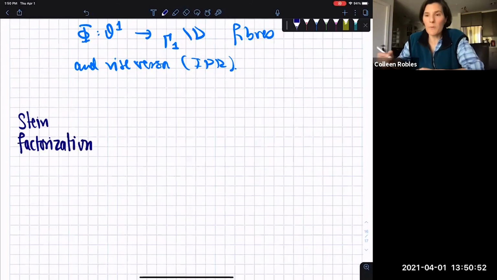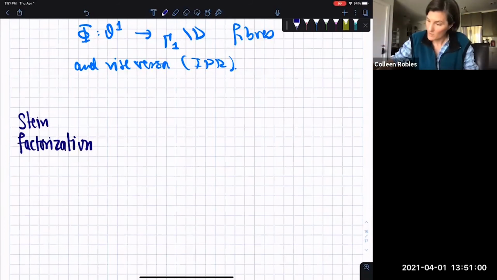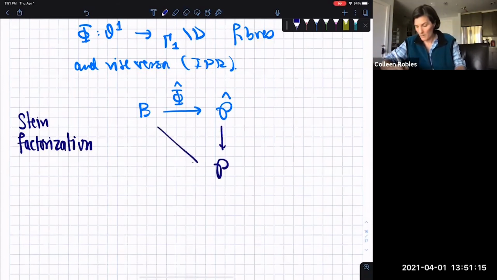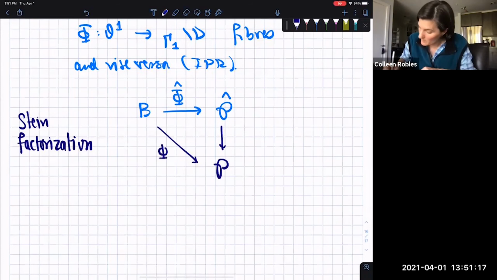I need to work with a period map that has connected fibers because of this whole up to constants of integration business that I've been discussing. So we are going to take the Stein factorization of the period map, which I can assume without loss of generality is proper. So I'm assuming that my original period map is proper. This is the image.